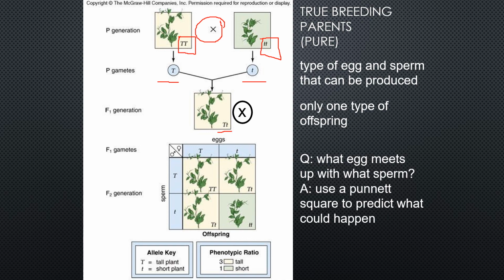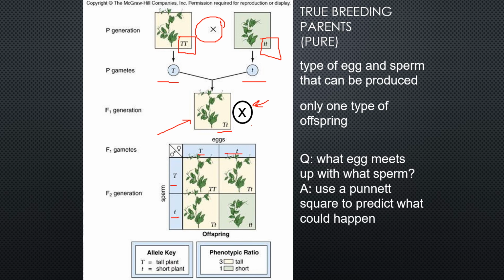So if we want to cross a heterozygous tall plant with itself, so here we go for self-pollination, then what eggs meet up with what sperm? And this is where we use the Punnett Square. So again, the sperm from this particular plant, our F1 generation, the two possibilities are tall and short. And the egg, same thing, tall and short.